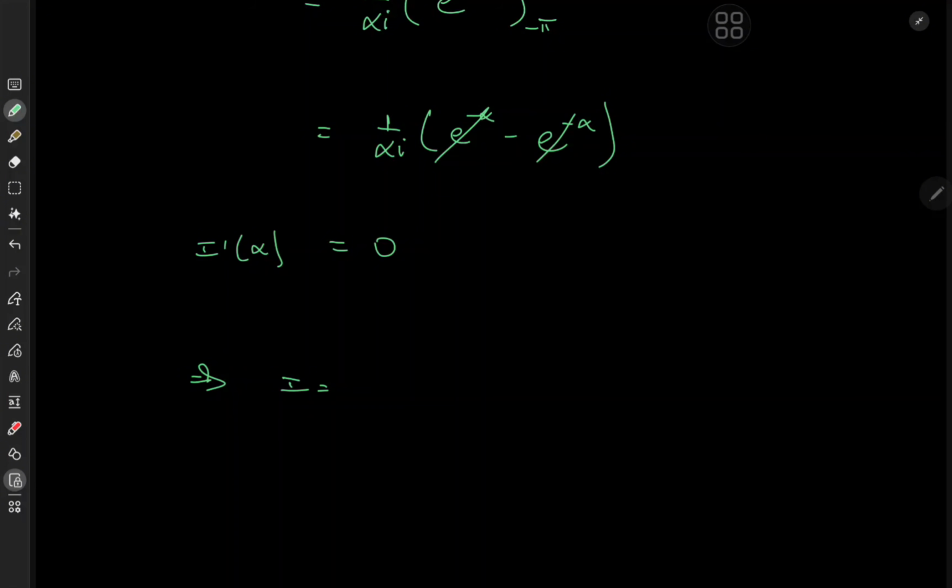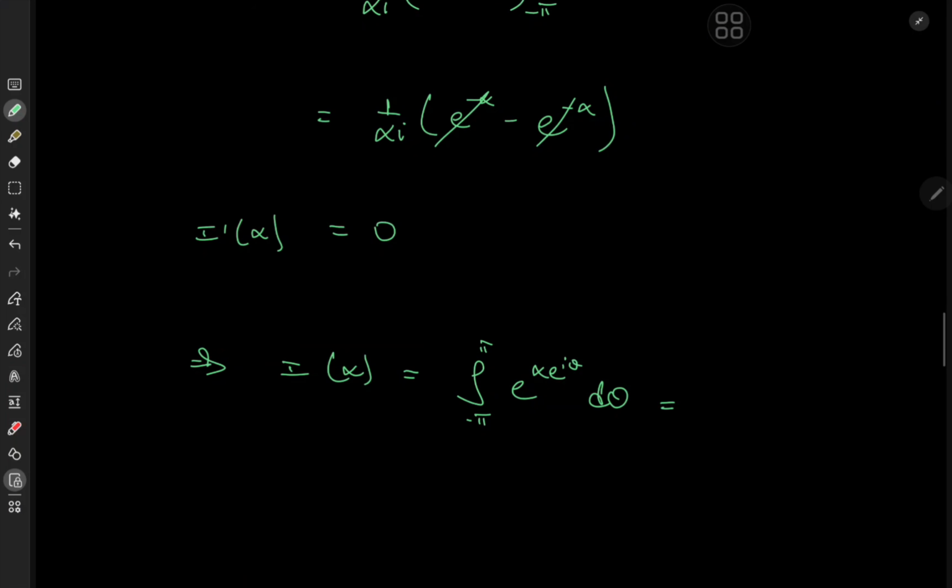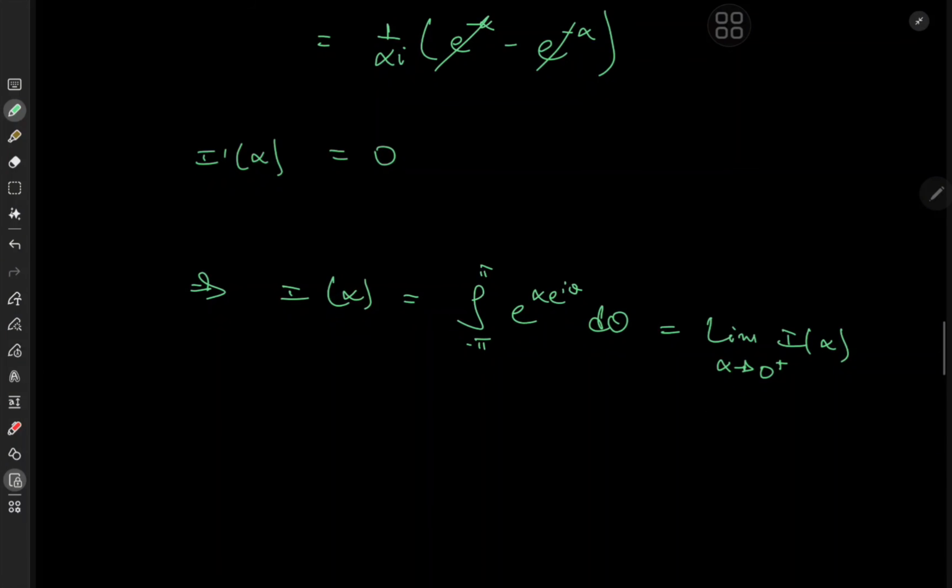So this implies that I of alpha, which is equal to the integral from negative pi to pi of e to the alpha e to the I theta, d theta, is independent of alpha, and that means this should be equal to the limit of I of alpha as alpha tends to 0 from the right, because we defined alpha to be a positive real number.